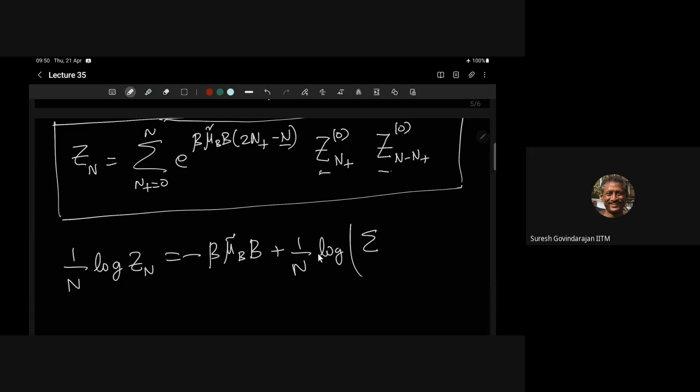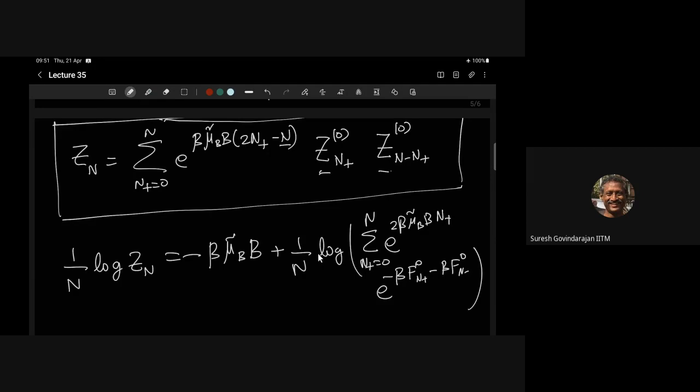But the other terms will have to be inside that thing. Log of summation n plus equal to 0 to n. Okay. E power beta mu tilde b n plus 2n plus into e power, say, minus beta f0 of n plus minus beta f0 of n minus. So it looks like there's a whole bunch of summation, okay, and it looks messy to compute, okay.